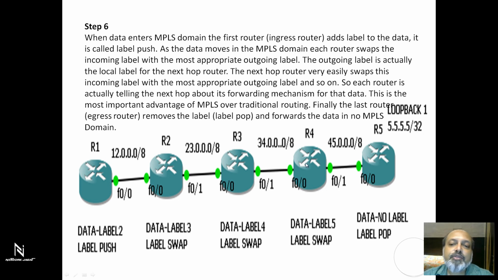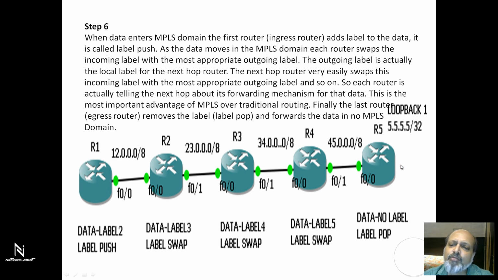Now a very interesting situation can come here. Suppose the MPLS domain is continued further. There is an R6 also, whereas the destination 5555 is already here at R5.